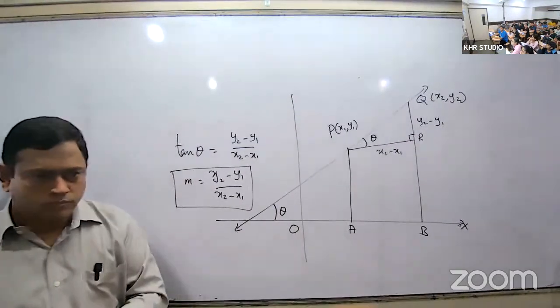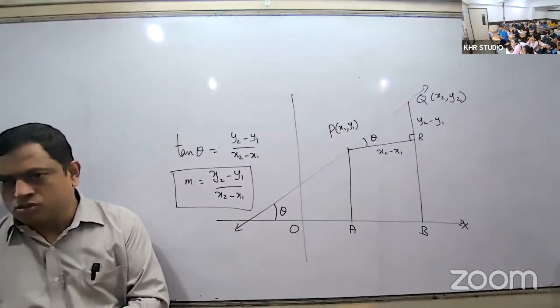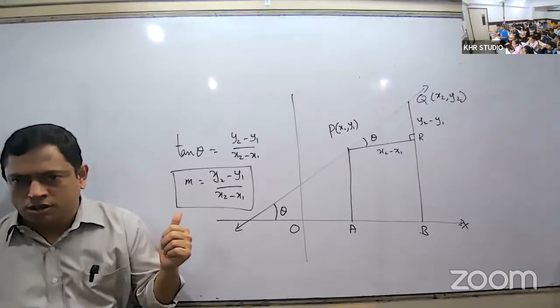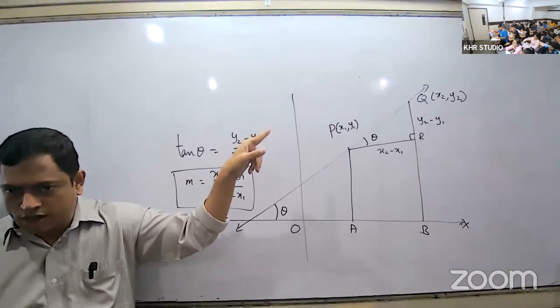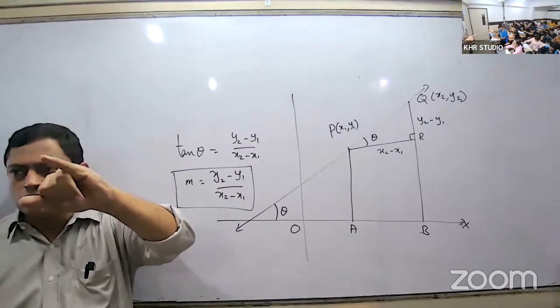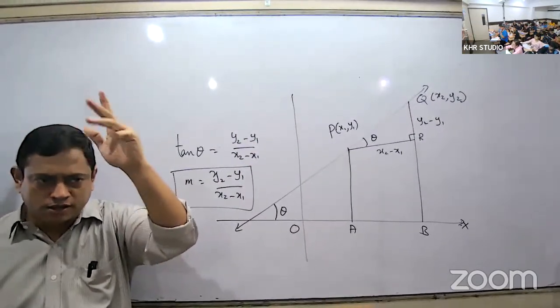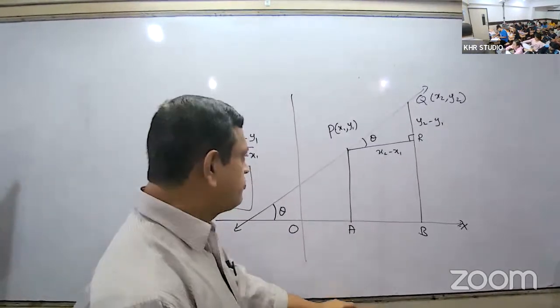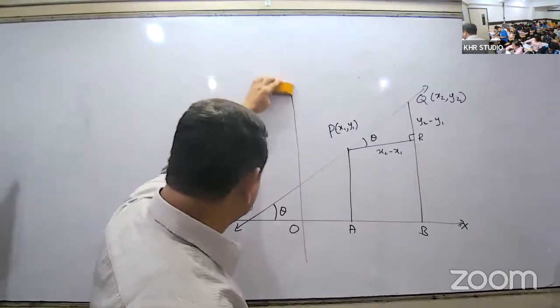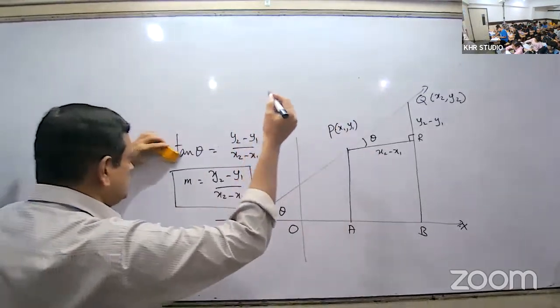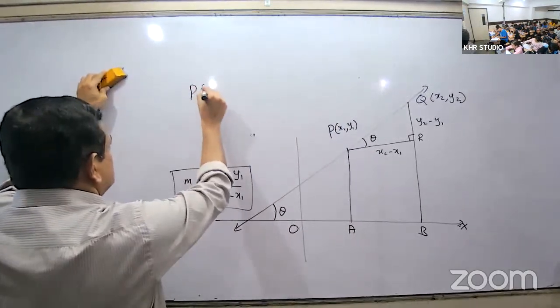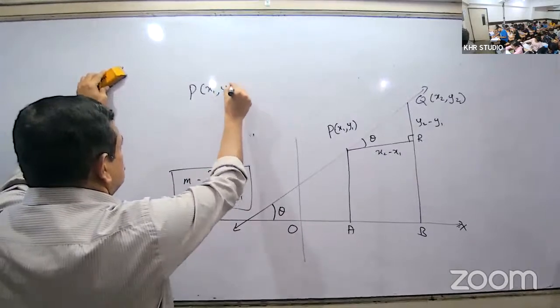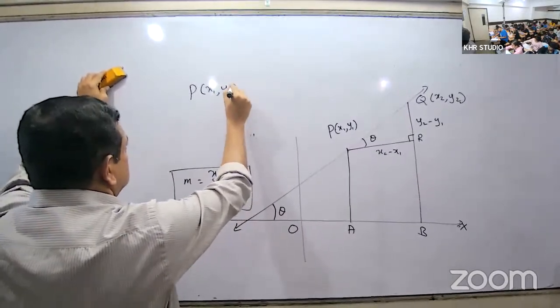This is the second formula. When 2 points on the line are given, one method you studied is inclination is given, that is tan theta. The second one is if 2 points, P x1, y1 and Q x2, y2.